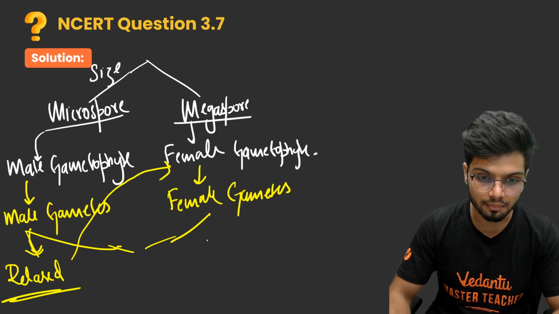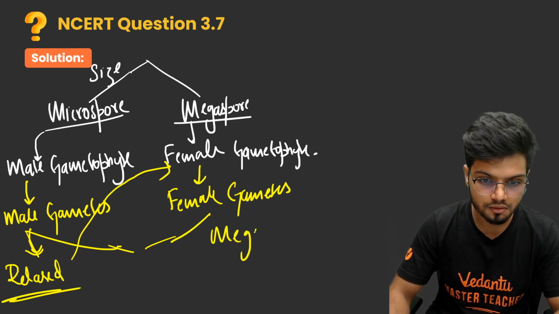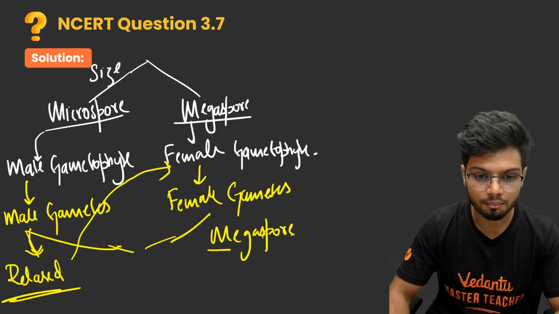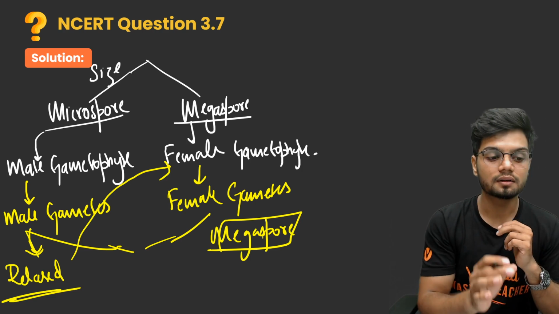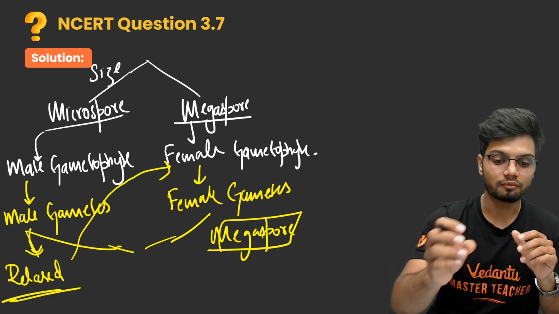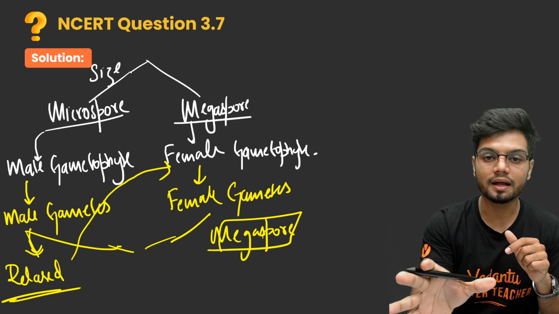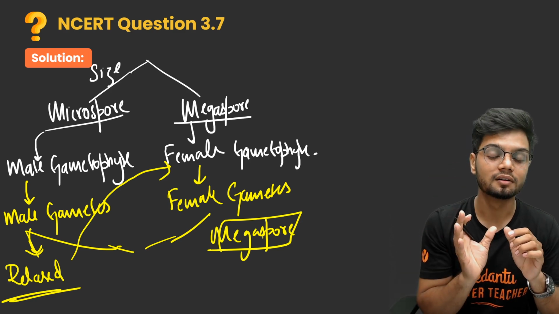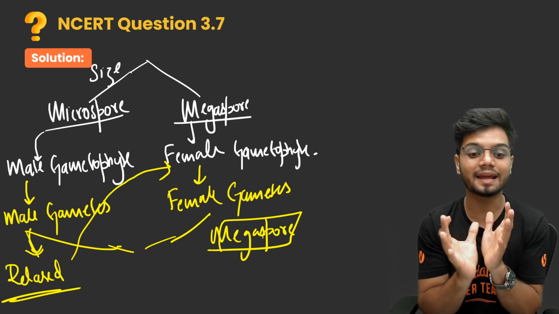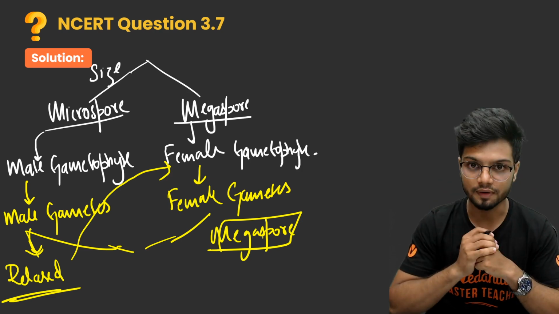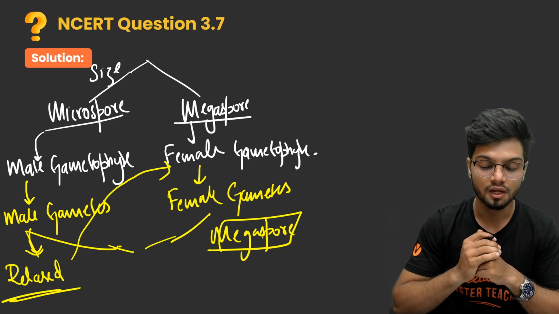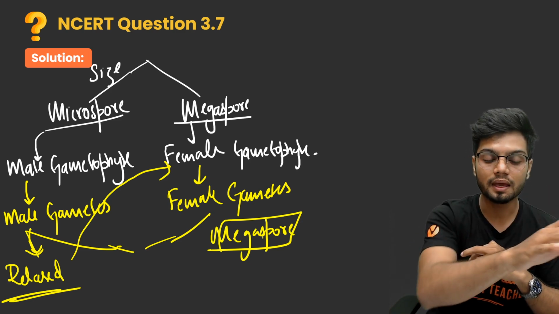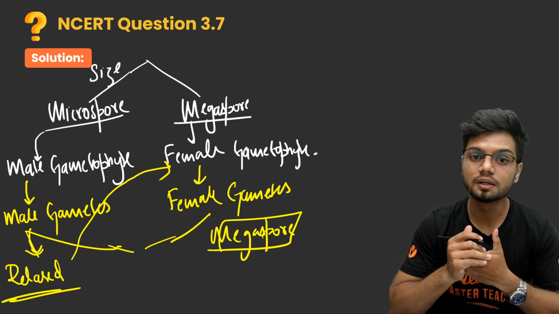And the female gametophyte, that is the megaspore, is not released. The male gametes are released, while the megaspore is retained inside the female gametophyte. Now this retention is very important because that is one of the significances. The first significance here is the differentiation in the gametophytes.